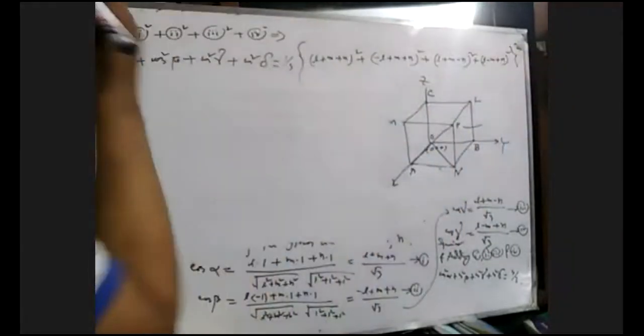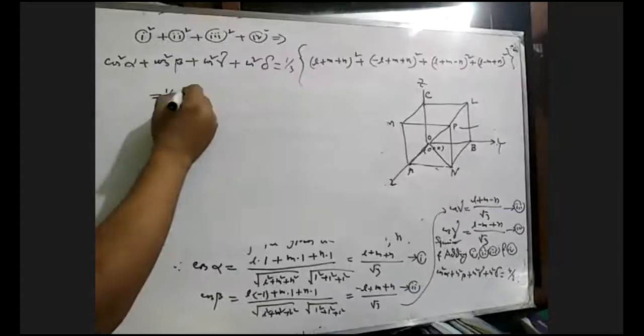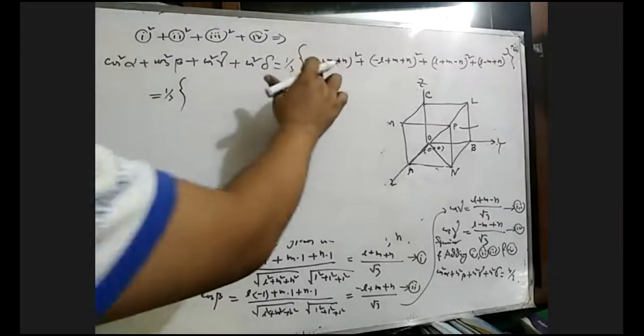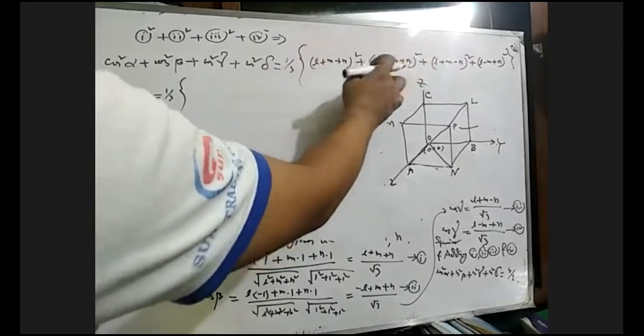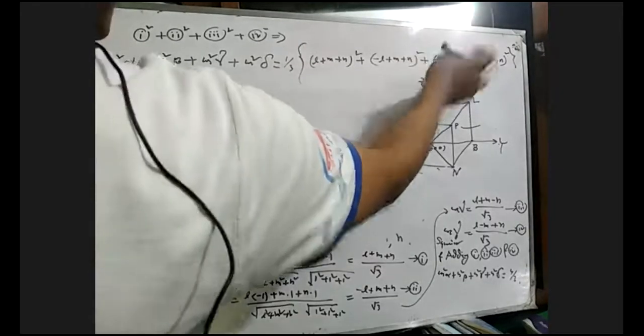Here we use the (a plus b plus c) whole square formula.